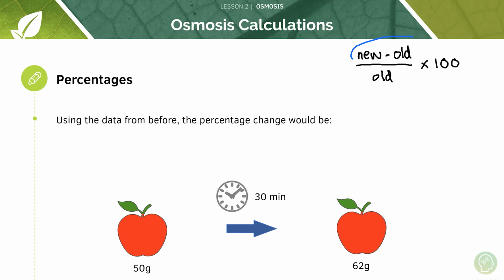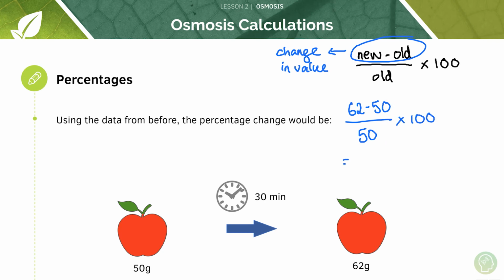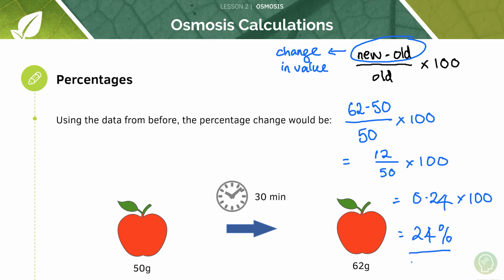So in this case it would be 62 minus 50 over 50, because that's your new value, that's your old value, multiplied by 100, which is 12 over 50 multiplied by 100, which is 0.24 times 100, which is 24%.